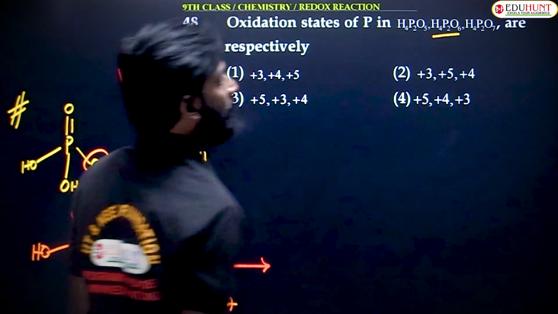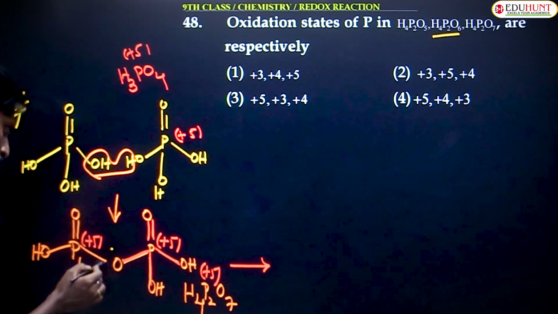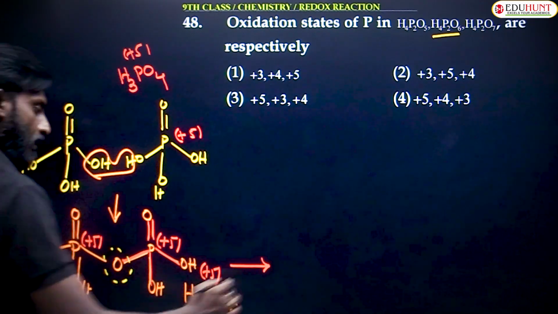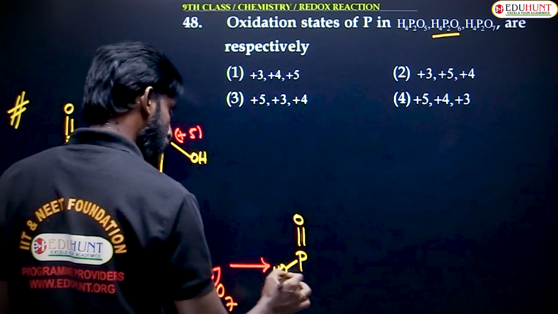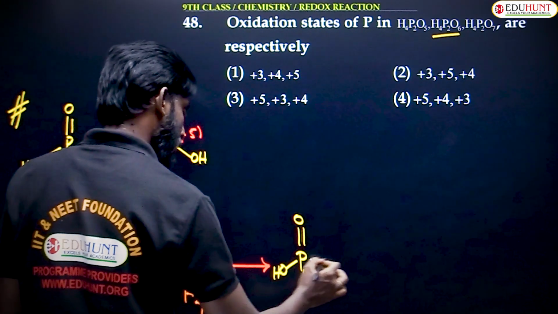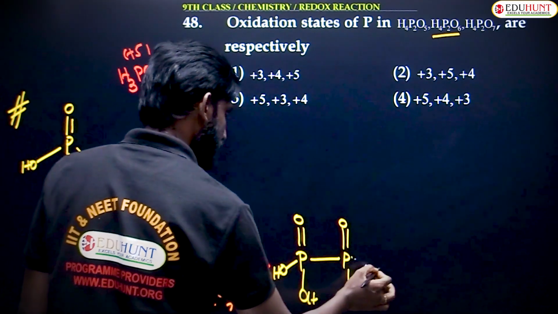Now assume you remove one oxygen, because now what formula do you need? H4P2O6 means you need to remove one oxygen. You remove this oxygen. Then double bond O, OH, OH. Now phosphorus is directly connected.